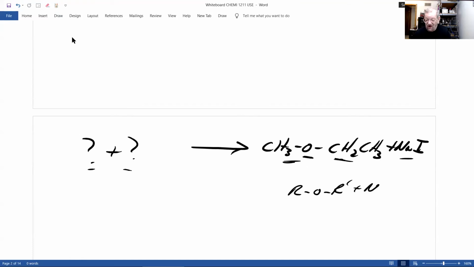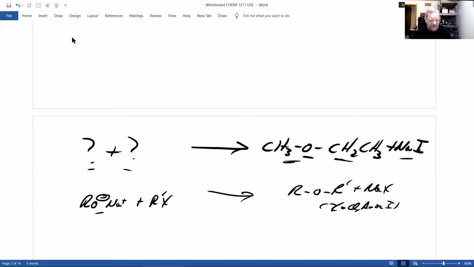Plus, I'm making a salt. Remember, X can be chlorine, bromine, or iodine. And how do you make an ether? You react an alkoxide plus an alkyl halide.